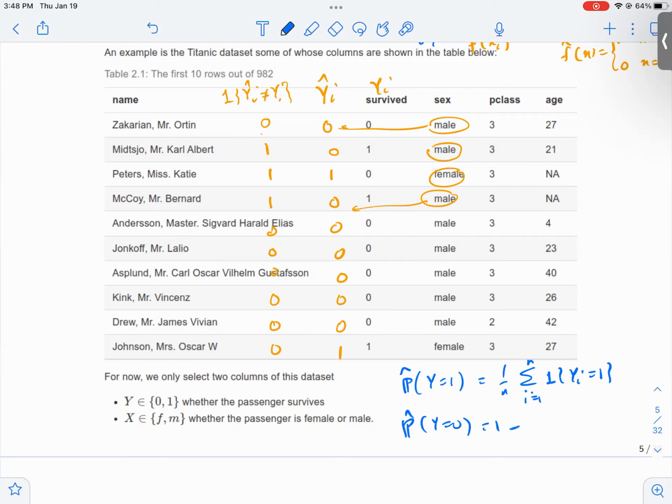It's going to be 1 minus p hat of Y equal 1. How many ones do we have? 1, 2, 3. So this would be 3/10, 0.3. So the other one would be 0.7.